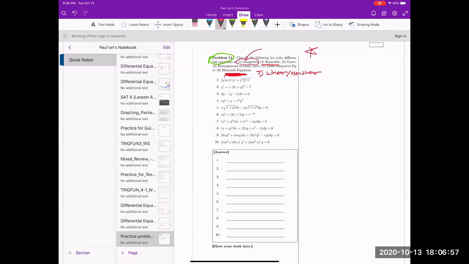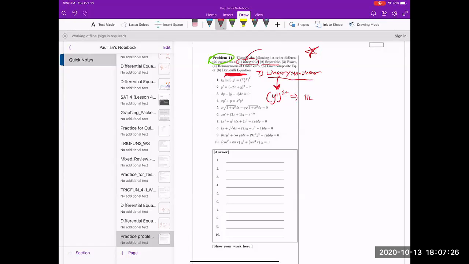Okay, we'll see what we can cover. But some of these you know already, like linear and nonlinear. That's the y double prime and the single prime. If the dependent variable is raised to a power of 2 or more, this is nonlinear.